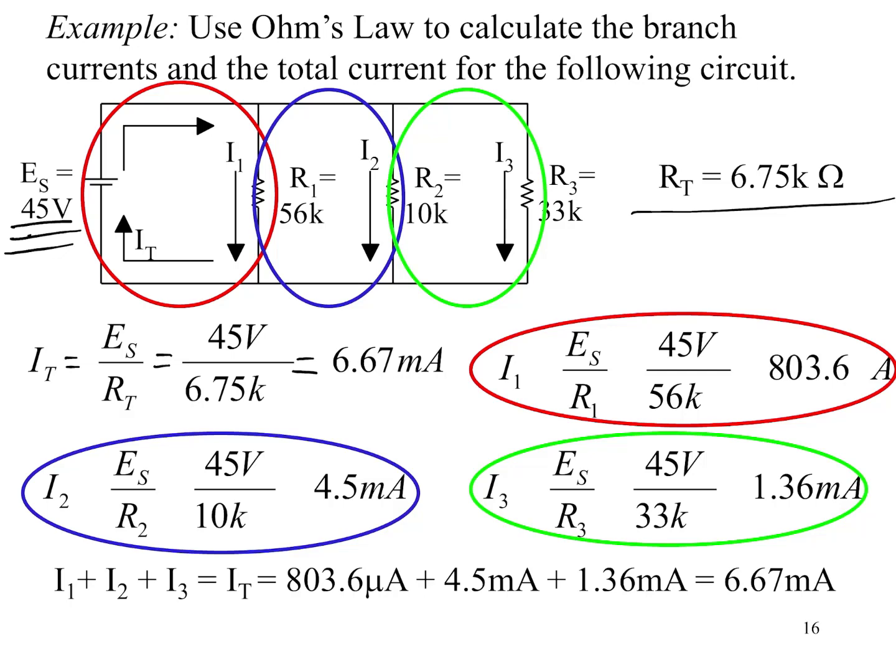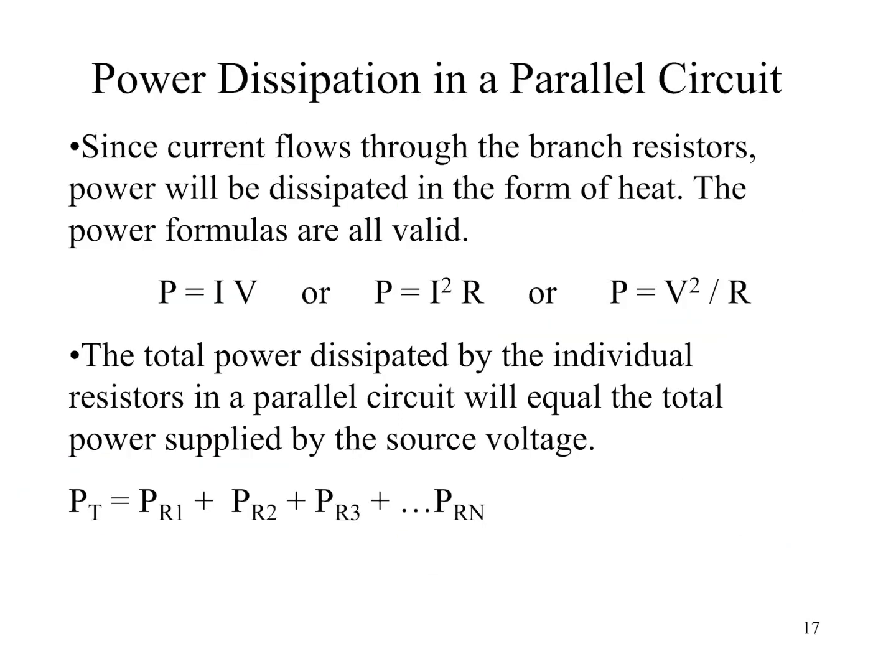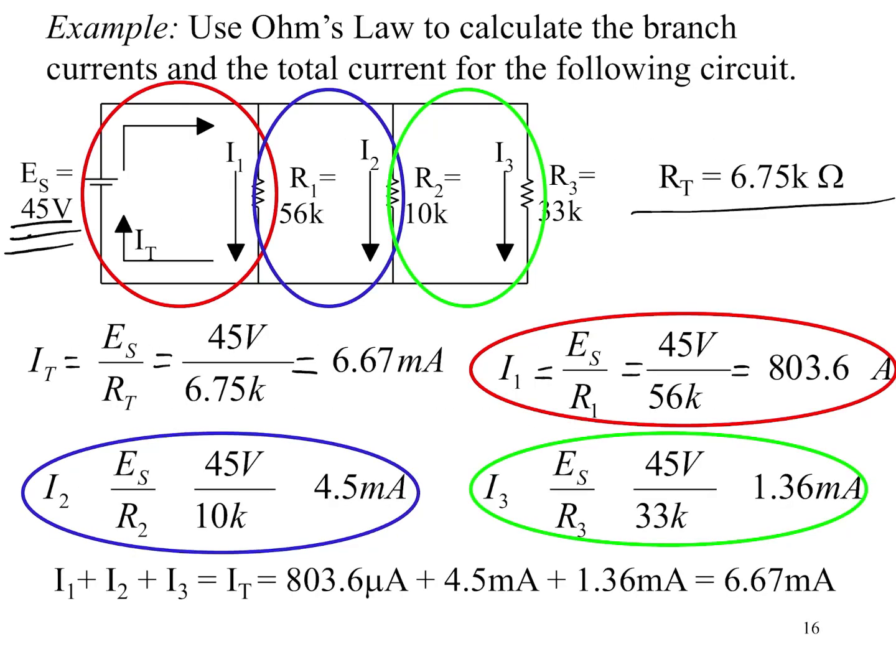And now we look at the individual branch currents. I1 equals E source divided by R1, which equals 803.6 microamps.